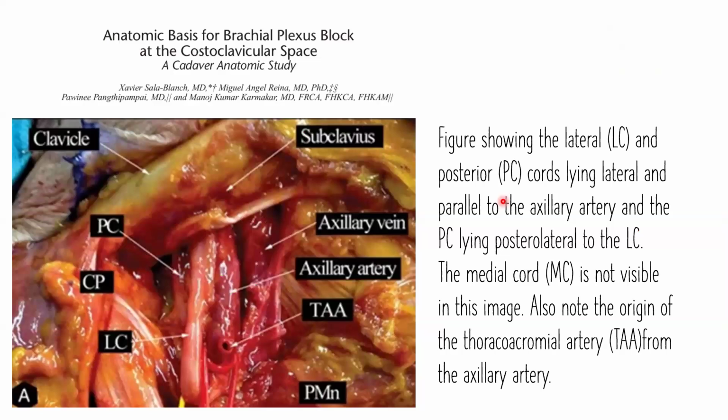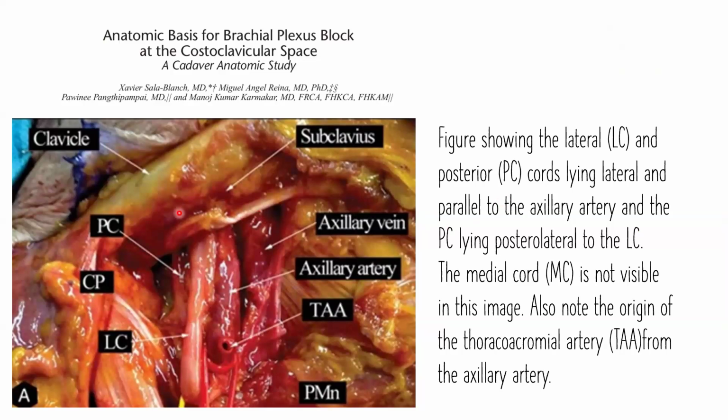So this is again the one they have presented initially. Xavier Sala-Blanch, my friend in Barcelona, and we have done a lot of cadaveric studies, and I might go again this year. So he has presented the anatomic topography of the costoclavicular.